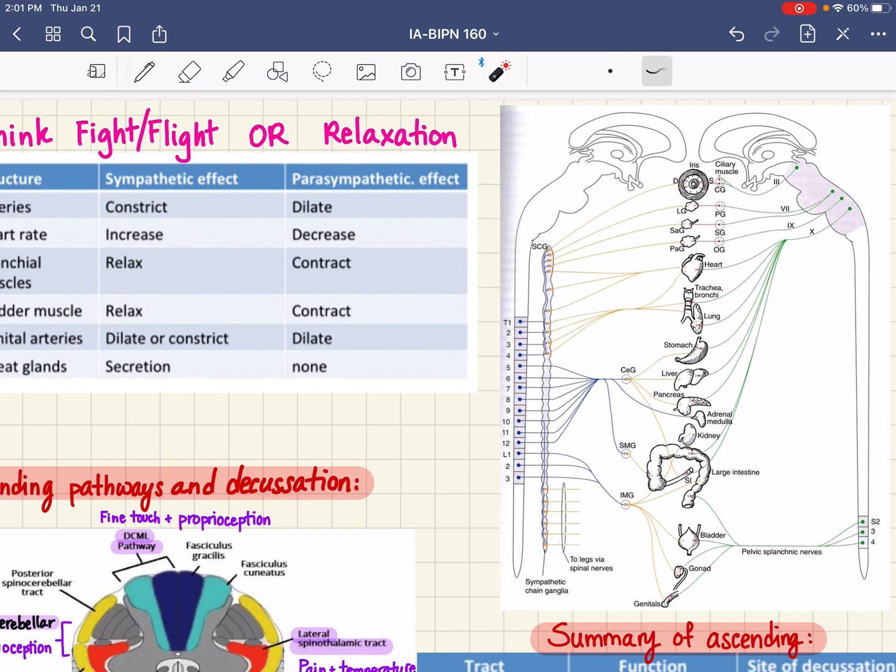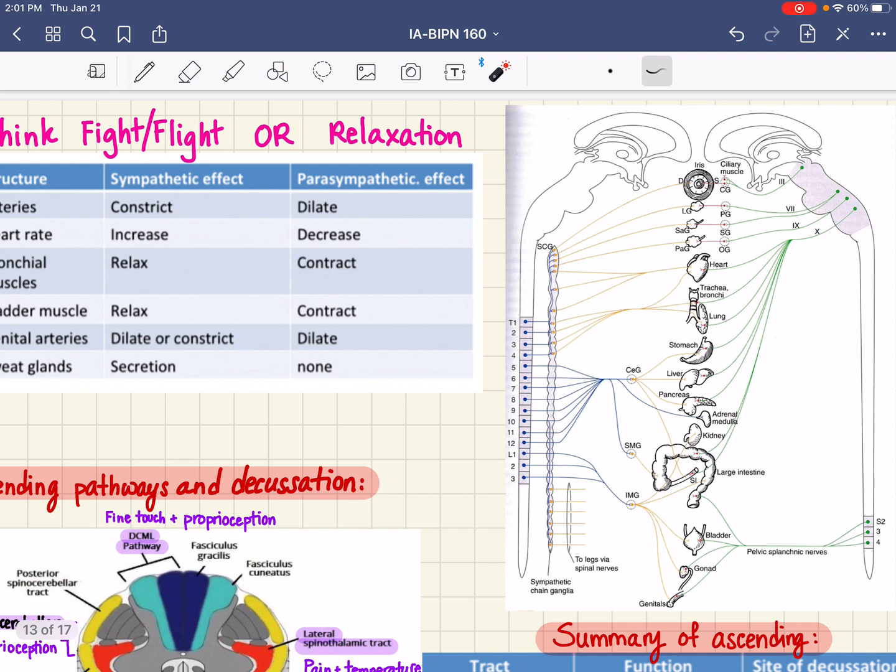As you can see, the parasympathetic nervous system does not have the sympathetic ganglion, and instead the ganglia that it synapses in are right here, and they are much closer to the organs of interest.